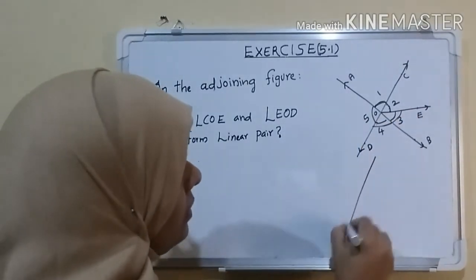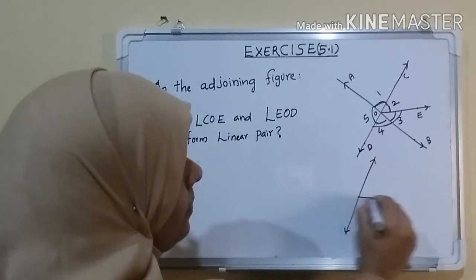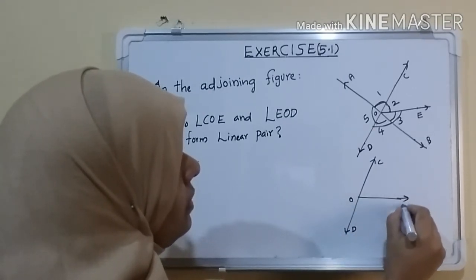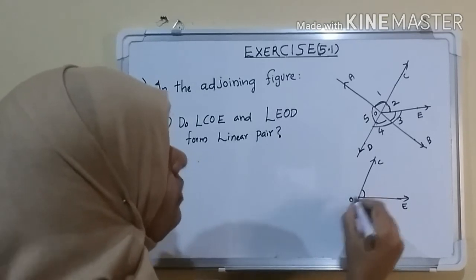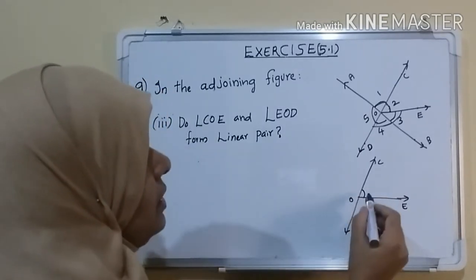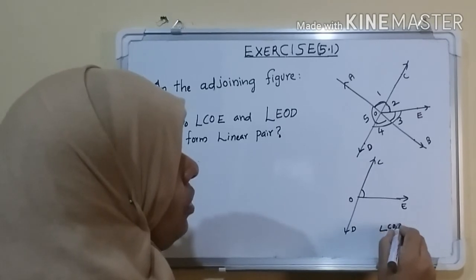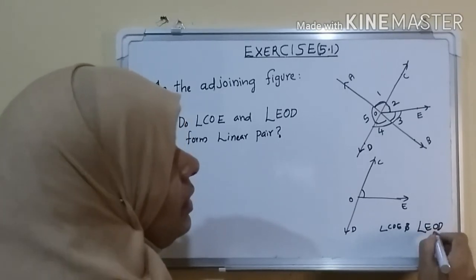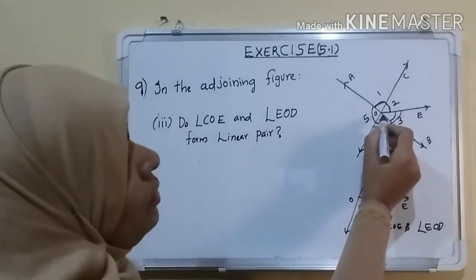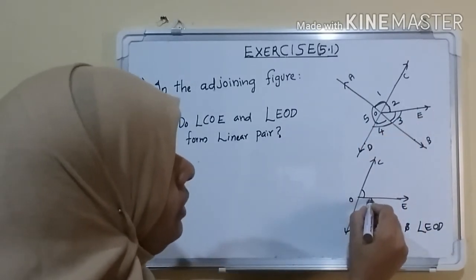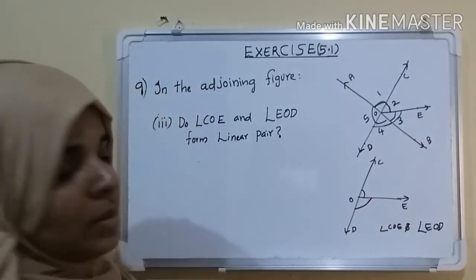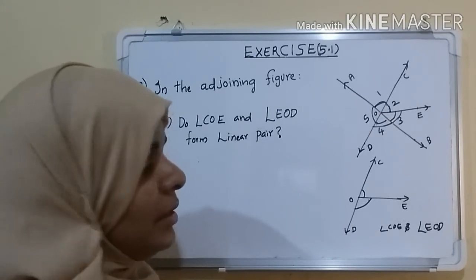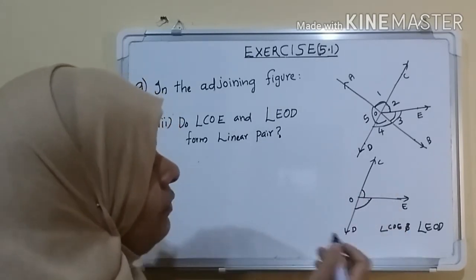Here I am drawing for your better understanding: O, C, D, O, E. We need only these two lines, so we don't need to draw this other line. So what is the condition? If two angles form a linear pair, they lie on a straight line. That we know.